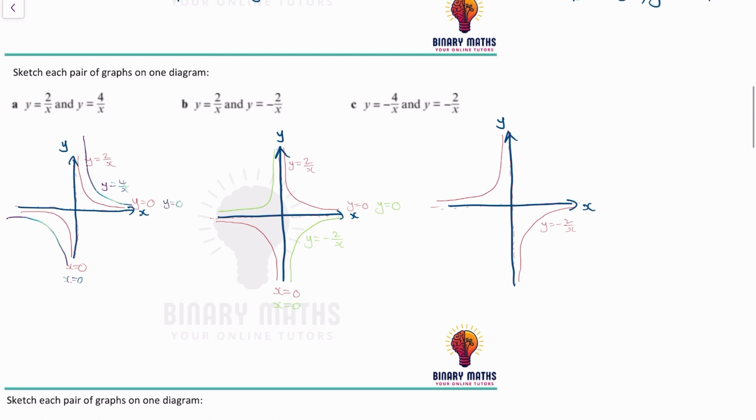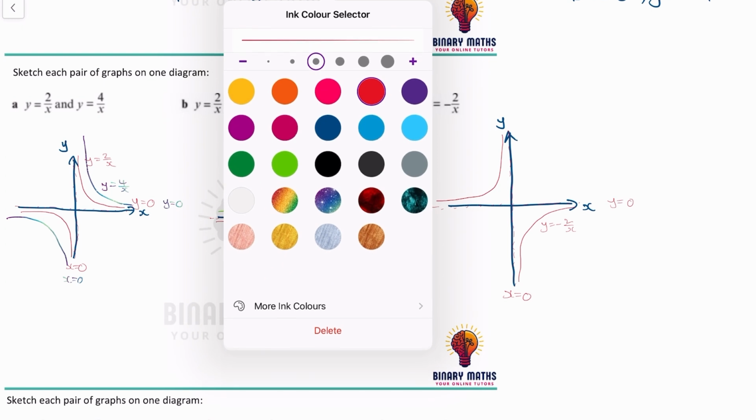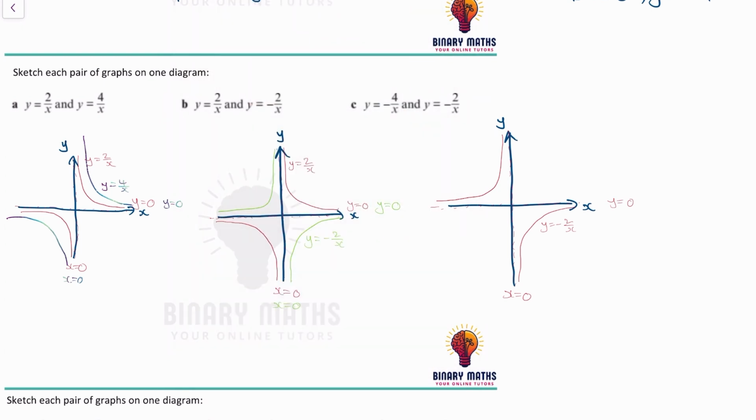Y equals 0 and x equals 0 are the asymptotes. So if I change it to this one, then negative 4 over x will be the same thing, but a bit further out. So y is equal to negative 4 over x. Again, asymptote at x equals 0 and y equals 0. So that would be it.